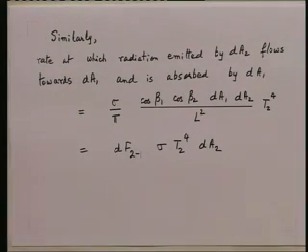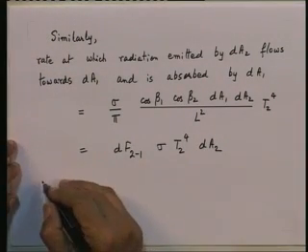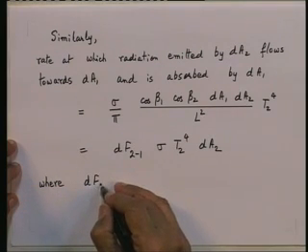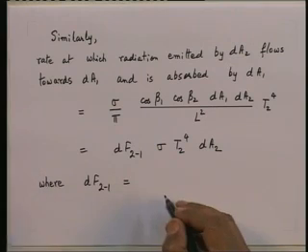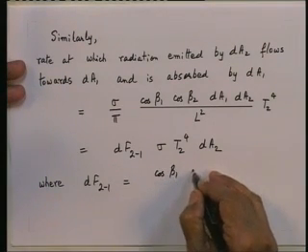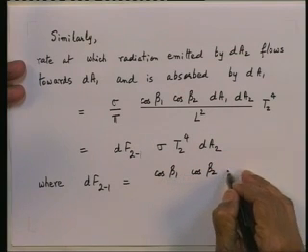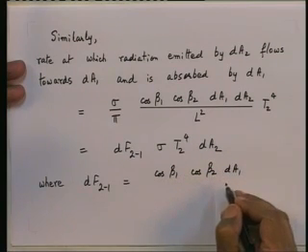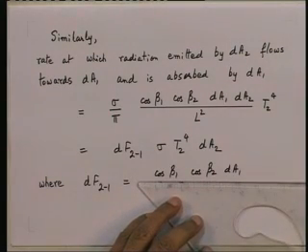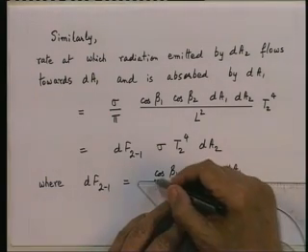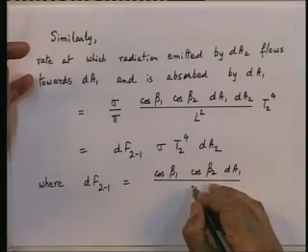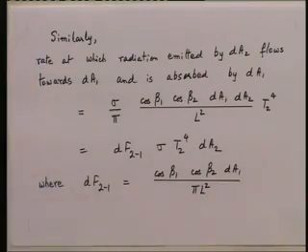Note again shape factor dF 2 to 1, where dF 2 to 1 is equal to cosine beta 1 cosine beta 2 dA1 divided by pi L squared. That is the shape factor dF 2 to 1.